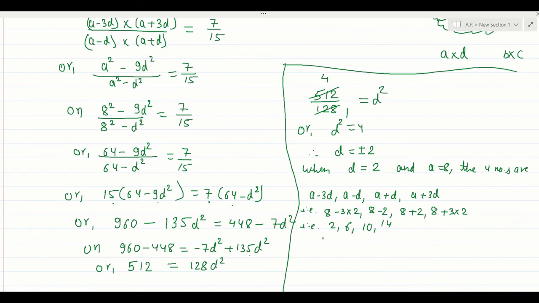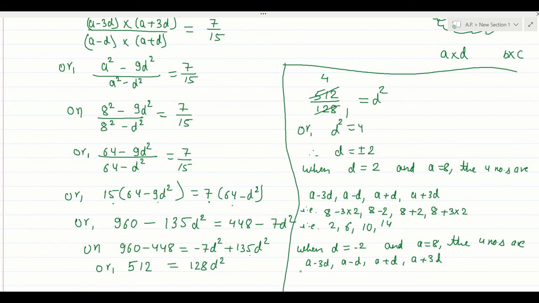Again, when D is equal to minus 2 and A is equal to 8, the four numbers are A minus 3D, A minus D, A plus D, A plus 3D.